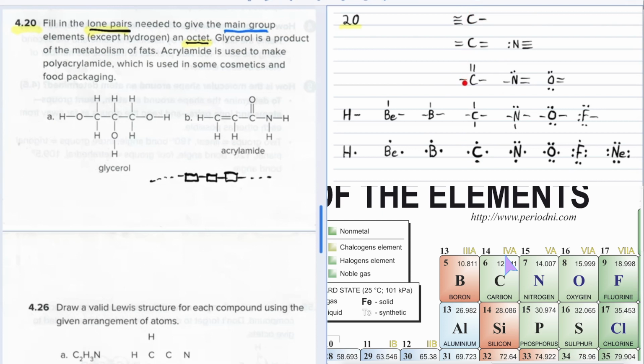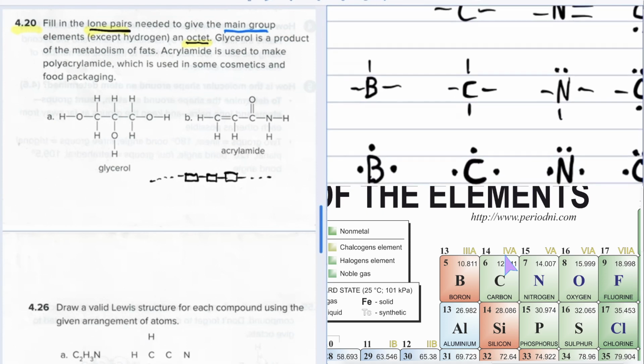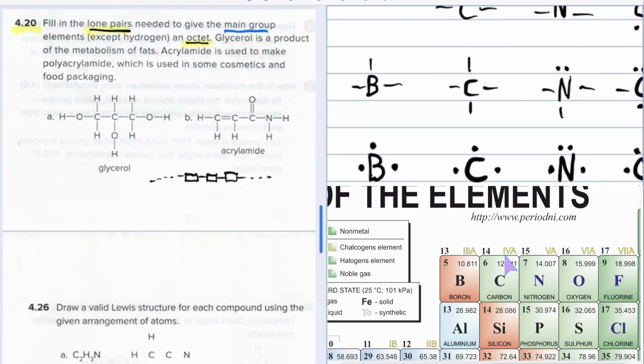Now notice that when carbon does this, by forming these bonds to other atoms, these bonds are really electron pairs that are being shared. So I'll draw in the electrons. That's what a covalent bond is.